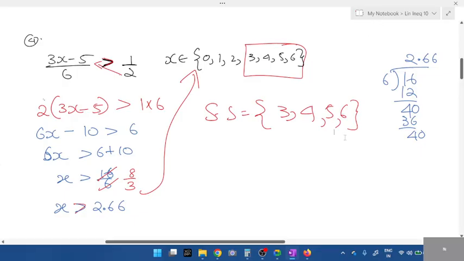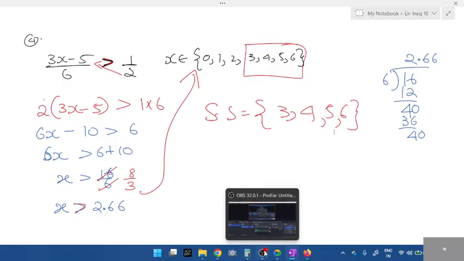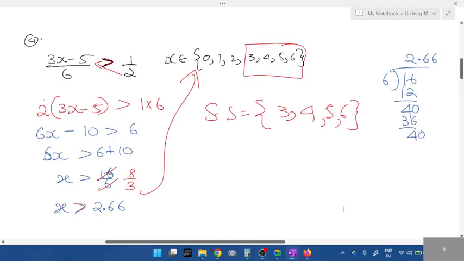No, no. Equal to is not given. If equal to was given, we could have taken it.